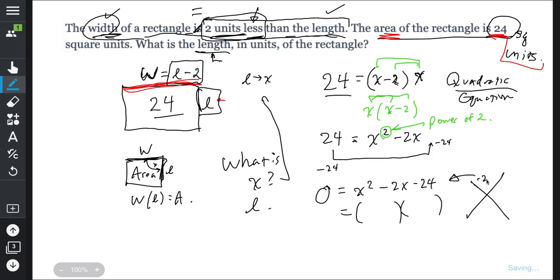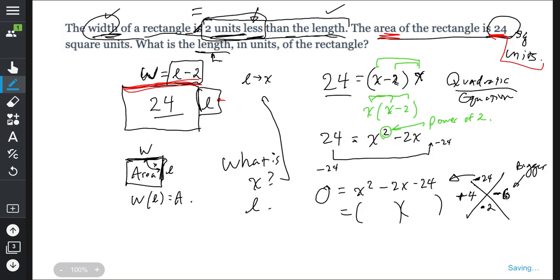So the negative 24 goes up here, negative 2 goes up here. This negative tells me different signs. And I know that this is going to be the bigger number, because in the end I want two negatives to be left over. Can you think of it? The two numbers we're thinking are 6 and 4.